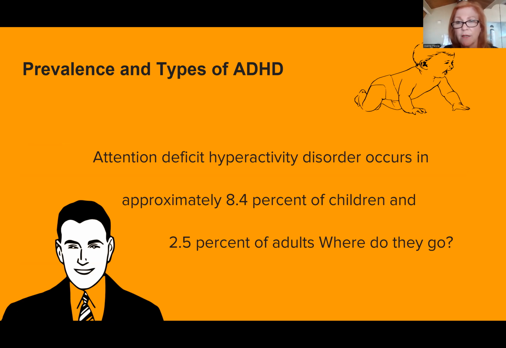And when you think about how difficult it could be for a teacher with 3 kids with very extreme, maybe, needs in a classroom where she's responsible for teaching everybody, it's a tough situation. Now, from that 8.5%, when they become adults, only 2.5% identify themselves as ADHD. So we're going to figure out, where do they go? What happens to them, and how does that show itself? Next slide.